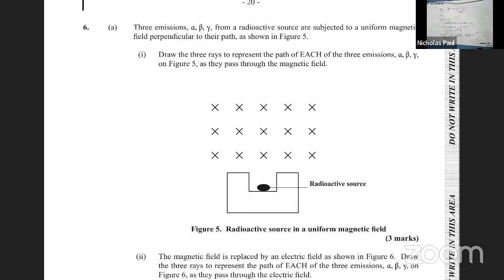All right, so where is alpha going? If you use the left hand rule, magnetic field going in, the force going up, your middle finger should be pointing outwards, and it goes to the left here. Gamma goes straight through, and the beta goes to the right.